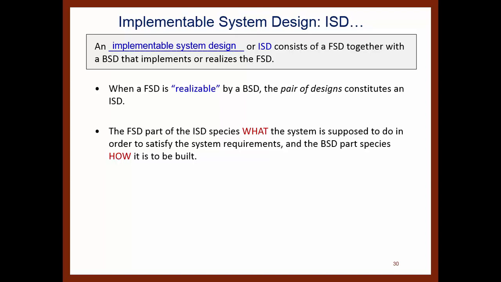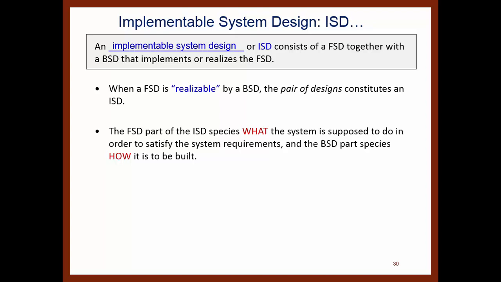So if you can make that happen, if you can build a functional system design, then that makes it a buildable and implementable system design. Making sure the buildable system design is meeting the performance and the cost requirements.